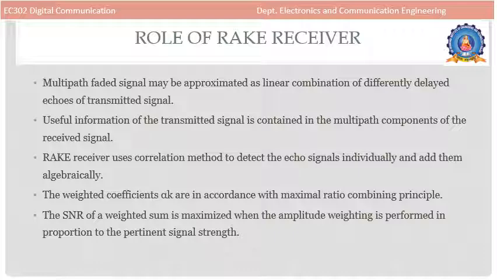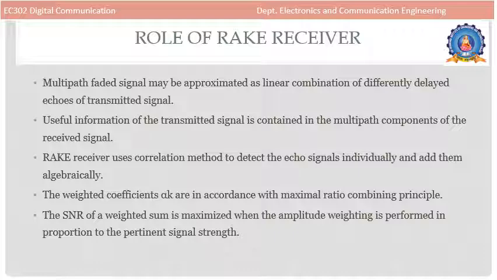What we do is, all the multipath components are multiplied with a weighting factor that depends on the signal strength. So if the signal strength is low, we give a high scaling factor. That means we will make all the signal energy similar.